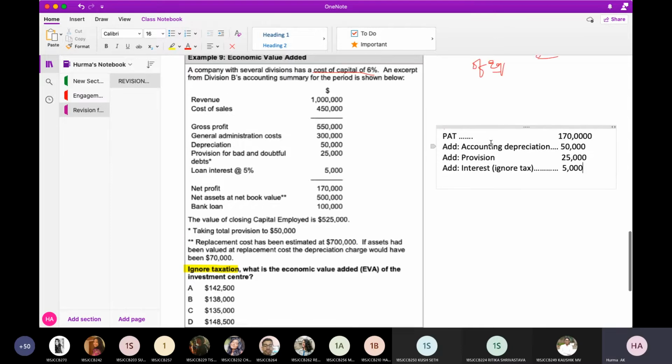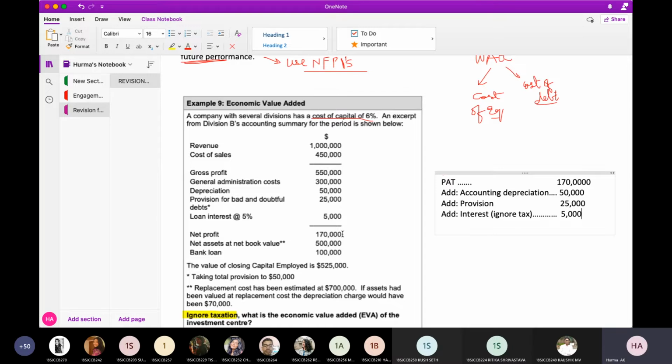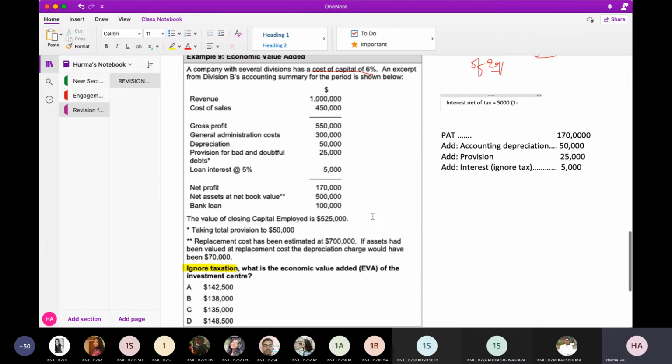So how would you take interest net of tax if that was the case? Interest net of tax would have been 5,000 into 1 minus the tax rate. What is the tax rate here? Not given, the tax rate only. Okay, great.